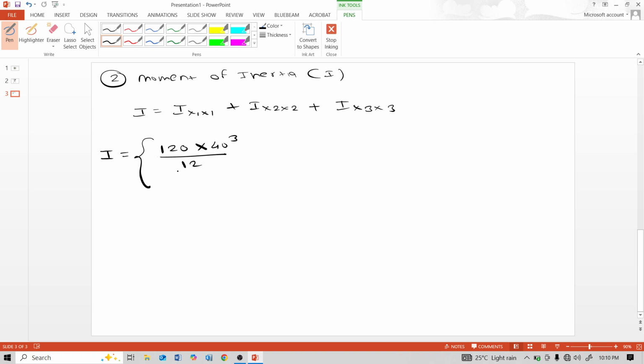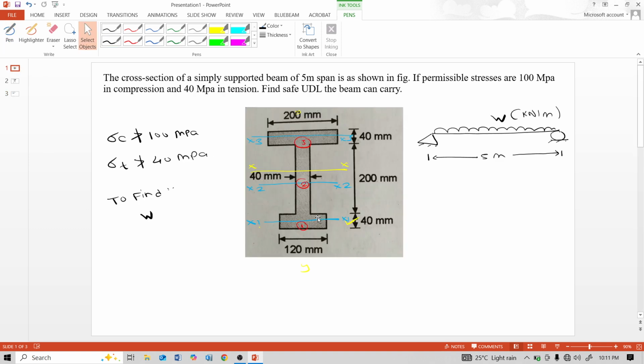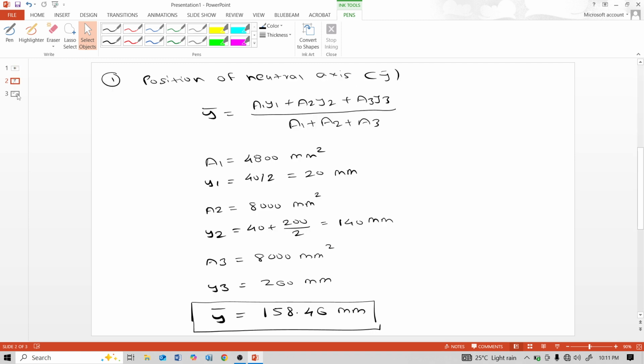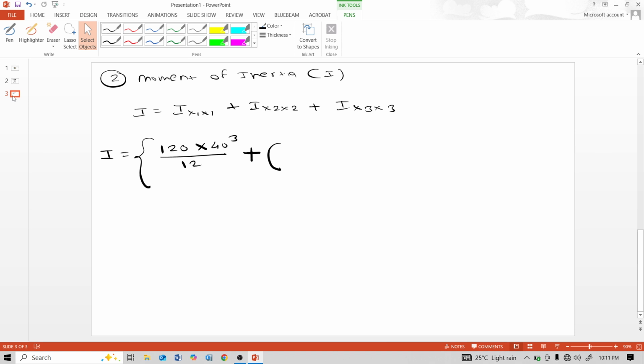This is the moment of inertia for only this bottom rectangular flange portion, plus, for the parallel axis theorem we use this plus symbol, plus the area of the bottom rectangular flange portion, 120 multiplied by 40, which is 4800.